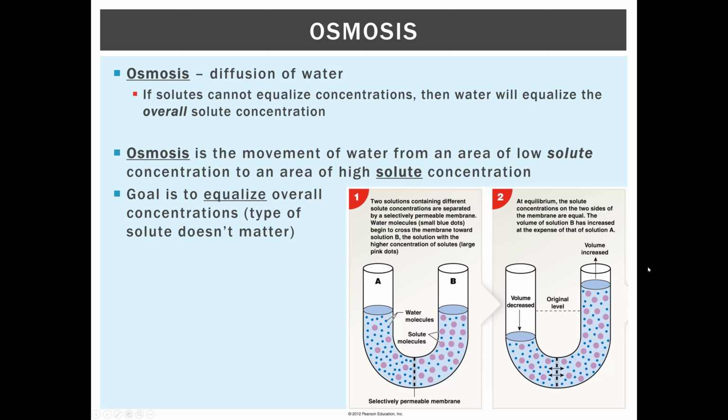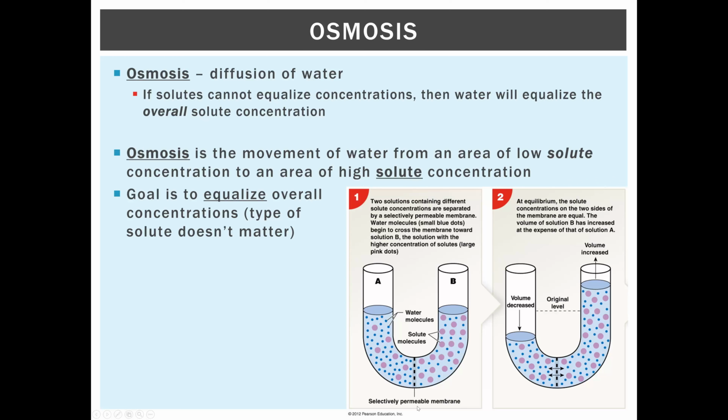So here is the picture from your textbook. We have a bunch of purple dots which represent the solute molecules. The water molecules are shown by the little blue dots. And we have a membrane here that does not let the pink solute molecules pass. So there are more pink solute molecules over here on the B side than there are on the A side. So if the pink molecules could pass the membrane, they would diffuse and make themselves equal.